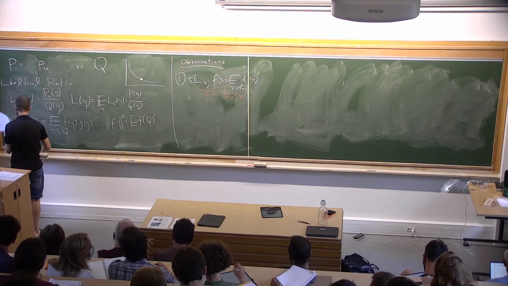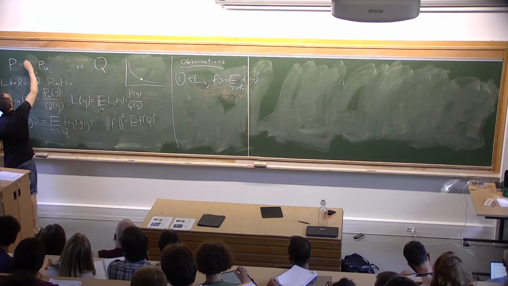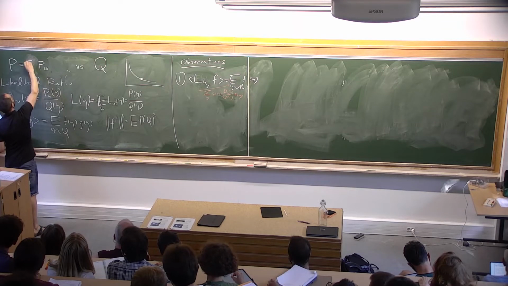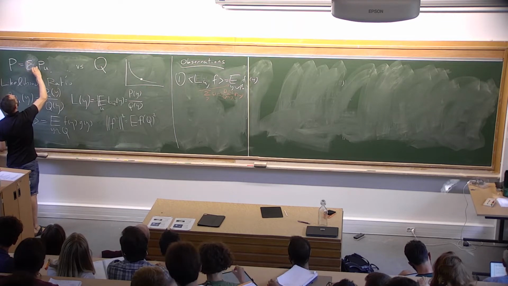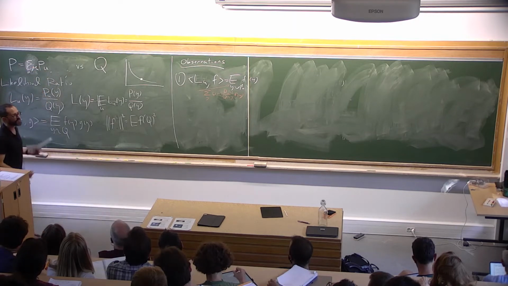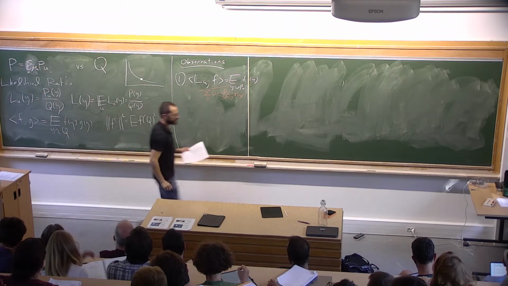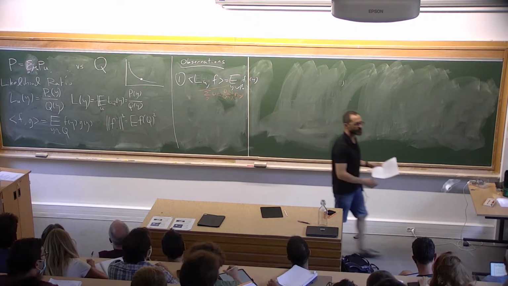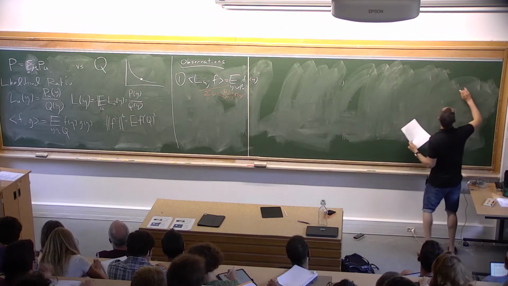So P is, let's write it as the sum over U of mu_U P_U. So P is this convex combination of probability distributions.